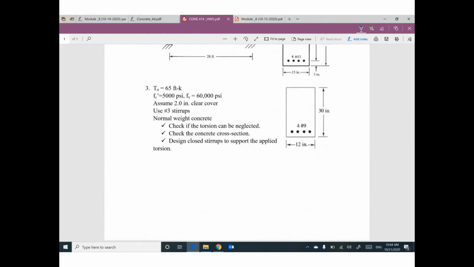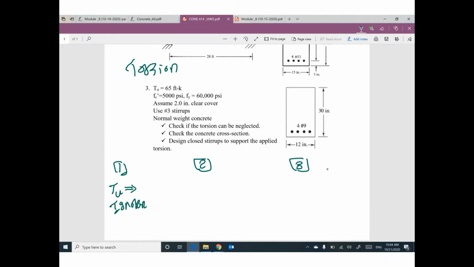For designing of torsion, we have 3 steps. The first step, you need to check if we will ignore T ultimate or not.